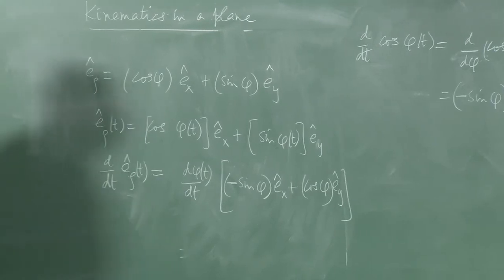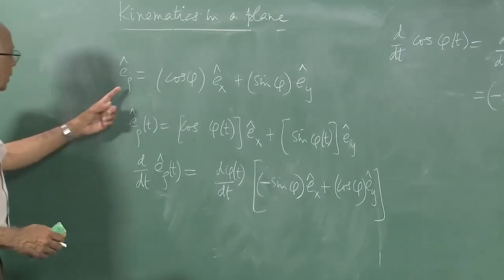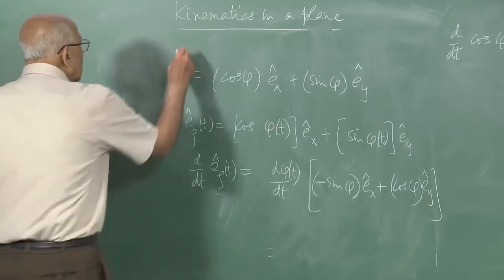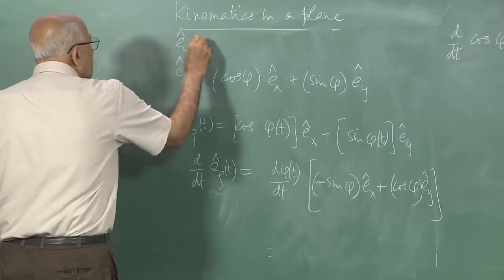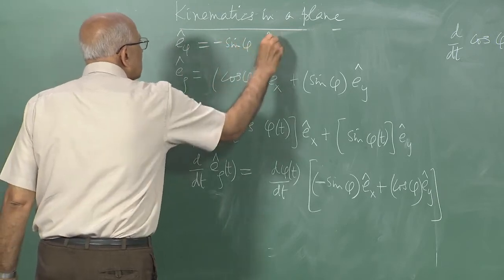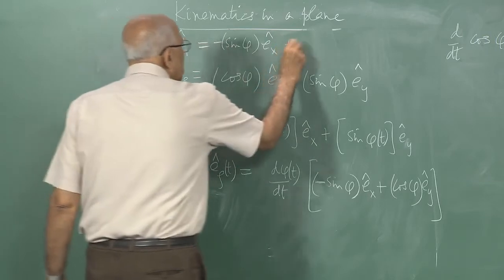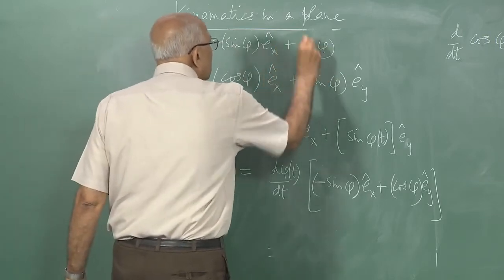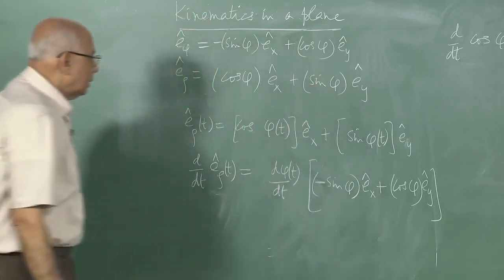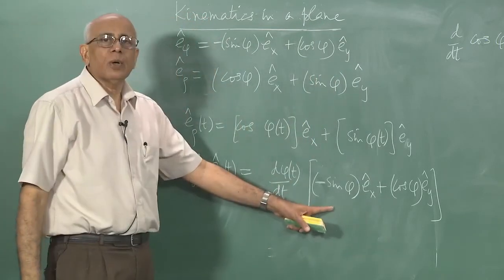But if you recall what we had said about the vector that is normal to this E rho, the unit vector in the azimuthal direction, if you recall the formula for that, it was precisely minus sine phi times Ex plus cos phi times Ey. And that is exactly the combination here.